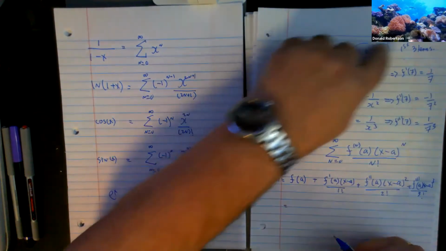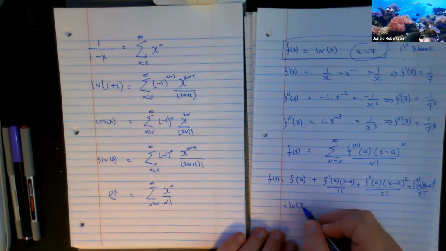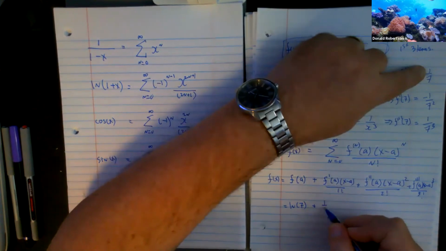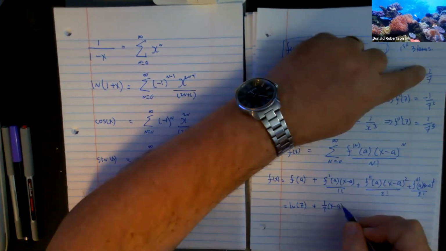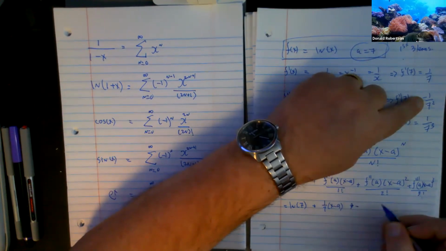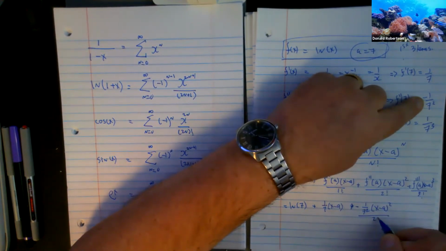This guy, if you plug in 7 here, is log 7. This guy is 1/7 x minus a. The one next door to it is negative 1/7 squared over x minus a squared, all over 2 factorial.